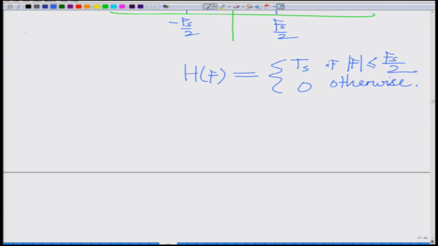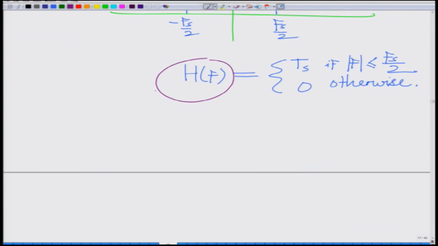Now you can find the time domain impulse response of this filter, and we already know this is a pulse. Remember, if the signal is a pulse in the time domain, then in the frequency domain it is a sinc. If you apply duality, if it is a pulse in the frequency domain, naturally the response in the time domain must be a sinc function.